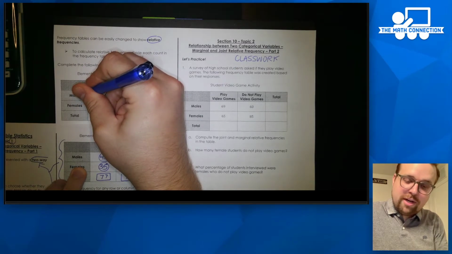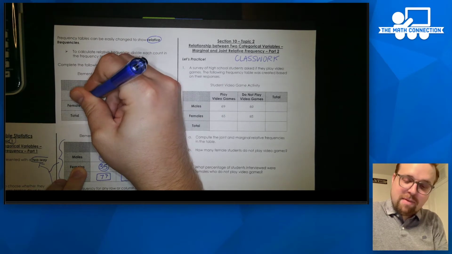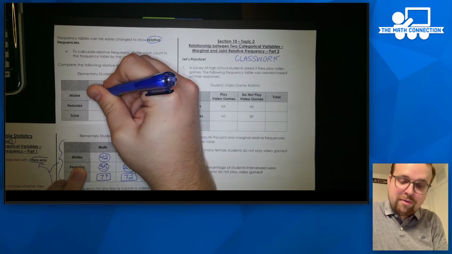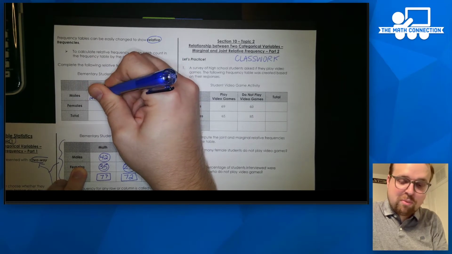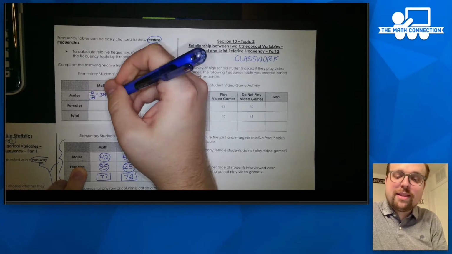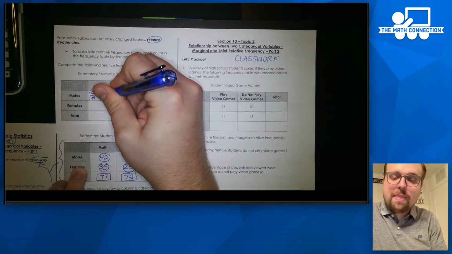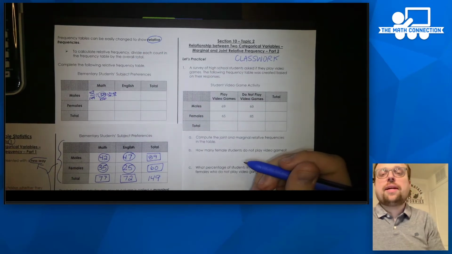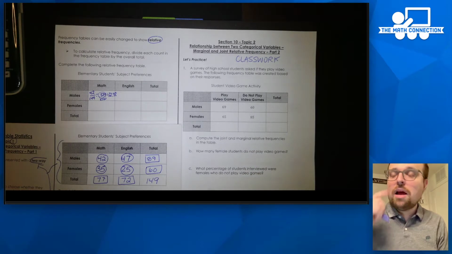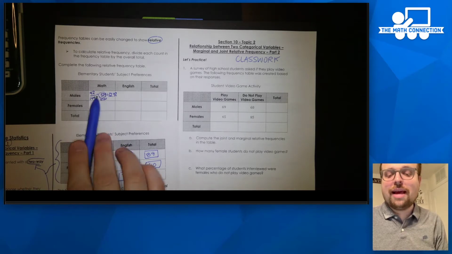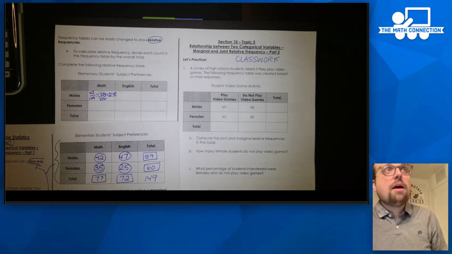So this is 42 divided by 149, which is 0.32. I'm going to round it. It's like 0.329. So if you write this as a percentage, you multiply this by 100, and that's going to give you 32.9%. Now, I tried to jam a whole lot into that box. For the rest of them, I'm just going to put the percentage. I really just did this so you could see how I got this figure, okay?